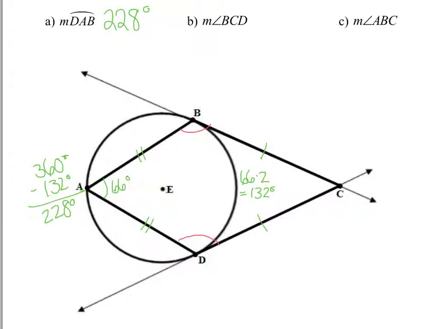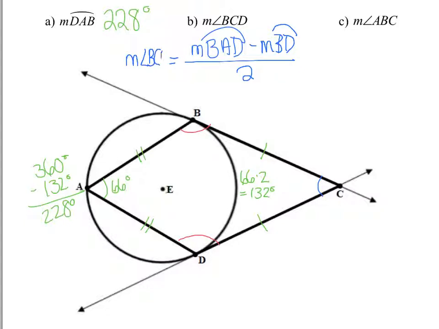Next, we're going to find BCD. So we're going to find this angle right here. So I want to know, what is the measure of angle BCD? Well, I know that this is an intercepted arc, so the measure of arc BAD, so this arc right here, minus this arc, which is minus the measure of arc BD, divided by 2, is going to give me the measure of angle BCD.